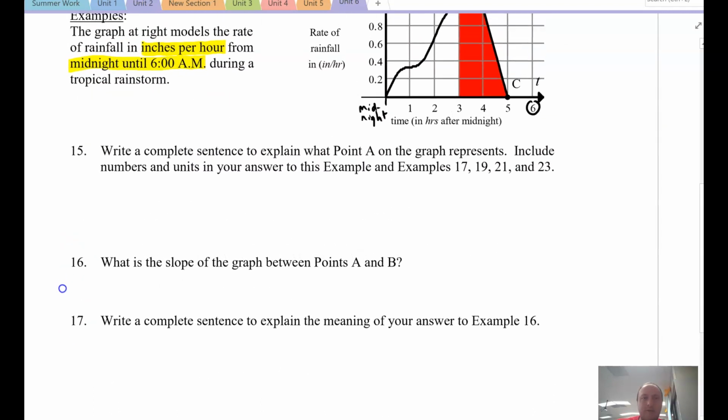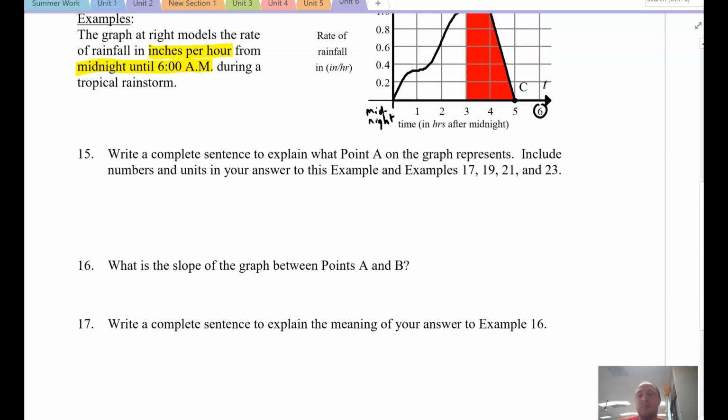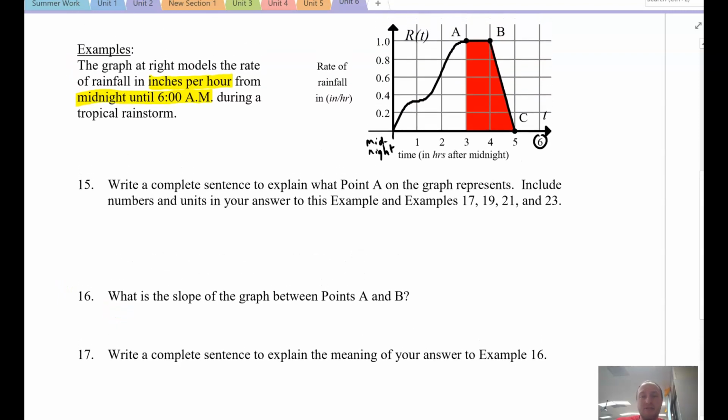Number 15 says, write a complete sentence to explain what point A on the graph represents. Include the numbers and units in your answer in this example and then in some future examples. So here's point A. Okay, so what does that mean? Well, notice that that's at t equals 3.